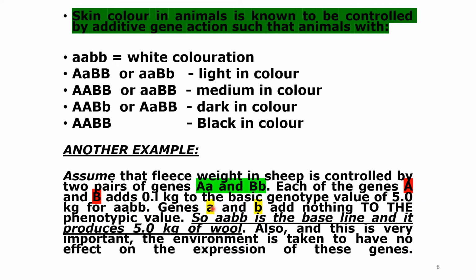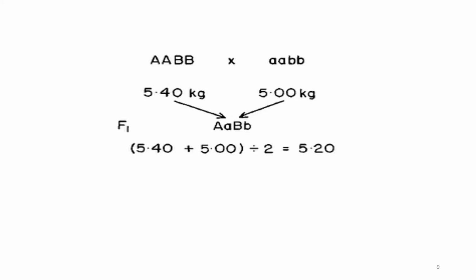Now the genes small a or small b add nothing to the phenotypic value. So this is the baseline, and it will produce for us 5.0 kilograms of fleece. Also, we must take into consideration that in this example the environment is assumed not to have any effect on the expression of the genes.